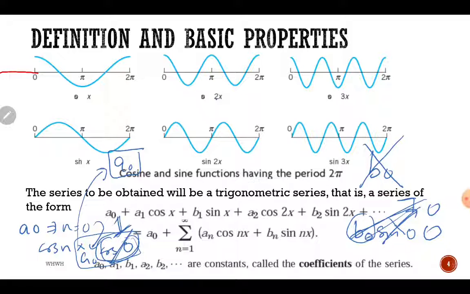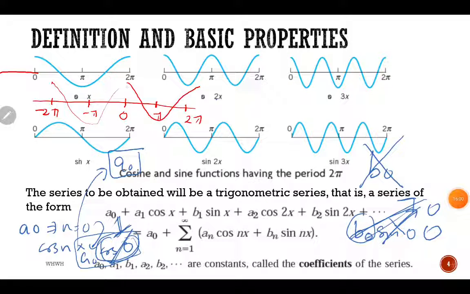Kalau kita extend dia, kita extend dia dekat 0 kat sini, 2 pi kat sini. This is 0 to 2 pi, pi kat sini. Kalau kita lukis graf, dia akan jadi macam ni. So kalau ada negative pi kat sini and then negative 2 pi kat sini, the graph tu kita extend dia akan jadi macam ni.